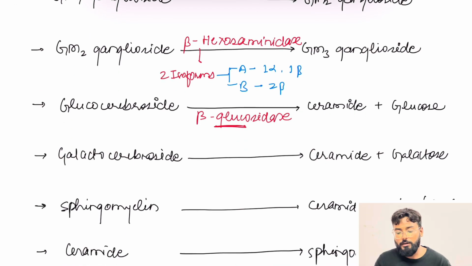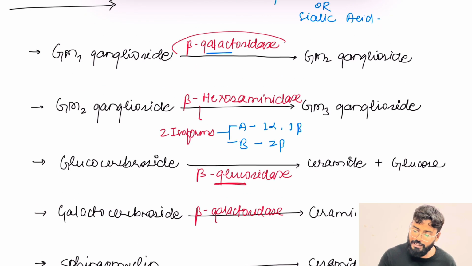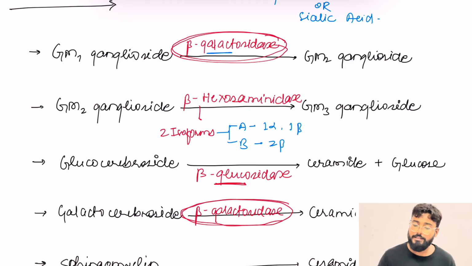And what about galactocerebroside? When galactocerebroside is broken down into ceramide plus galactose, the enzyme involved is your beta galactosidase. So beta galactosidase has two functions: it is going to break down GM1 ganglioside, and it is also going to break down galactocerebrosides.